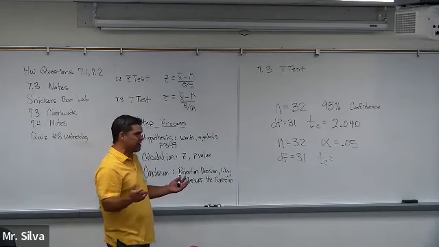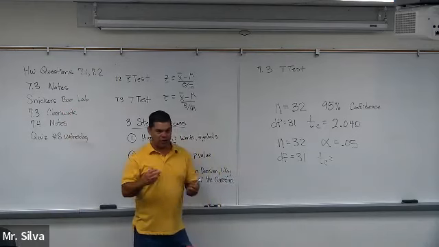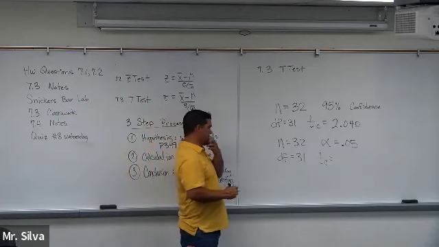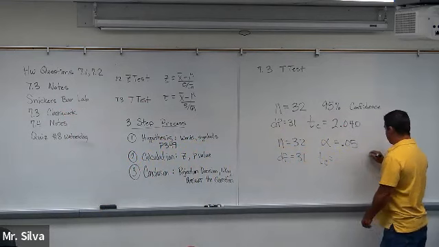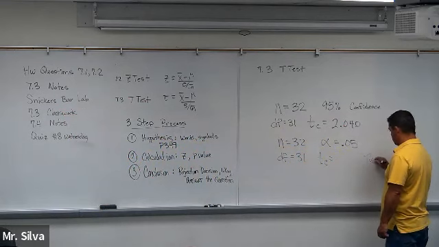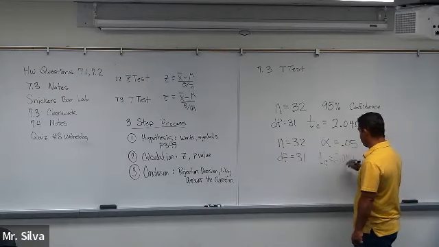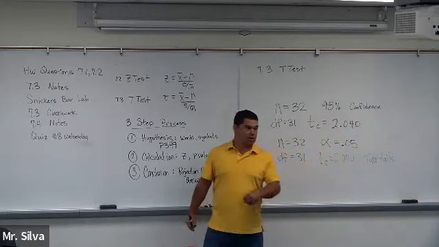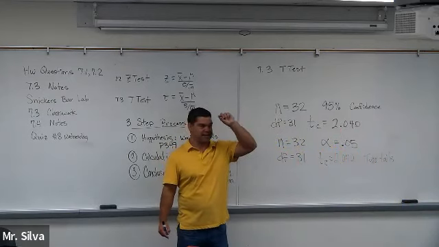So we have to decide, is this a 1-tail alpha or a 2-tail alpha? So I've got to explain that. If this is 2 tails, we use the same exact value, 2.040. Do you see that line in table 5 where it says 1 tail and 2 tails?